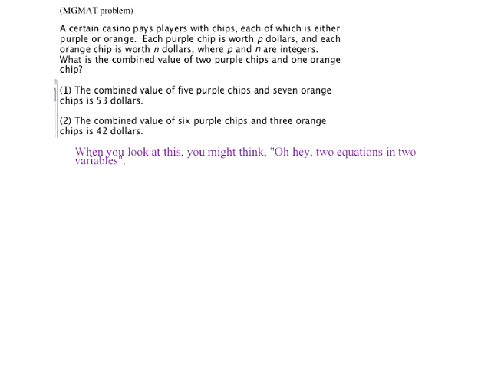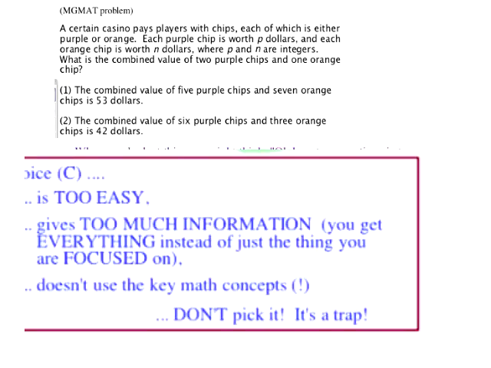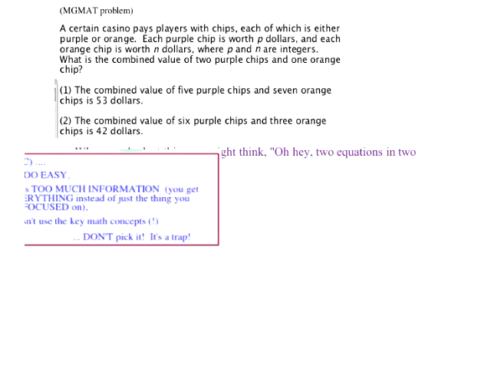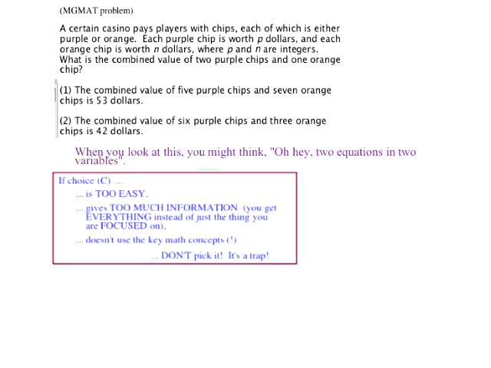What I'm going to do is import this from last time. There are 3 aspects of answer C that, if all 3 are present, then it's going to be a trap. So you'll see a graphic show up. If choice C is too easy, if it gives too much information, and if it doesn't use the key math concept, then don't pick it.